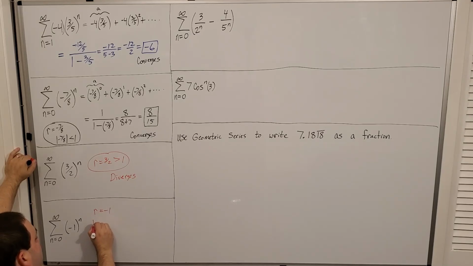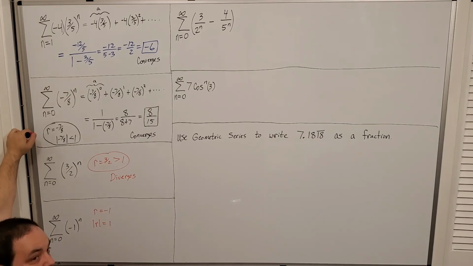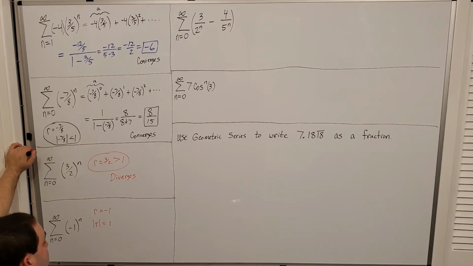The absolute value of r is 1, which is equal to 1. It's not less than 1, okay? So the absolute value of r is not less than 1. By this fact right here, it diverges by geometric series.